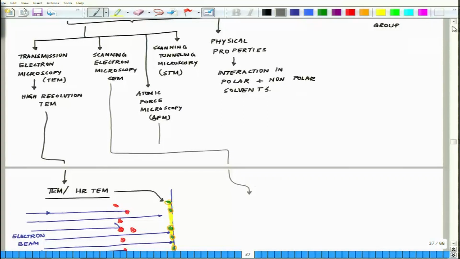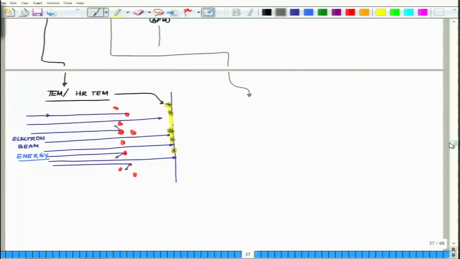Okay. Out here, what you are going to do? So here is your sample. These are an array of atoms sitting out there.